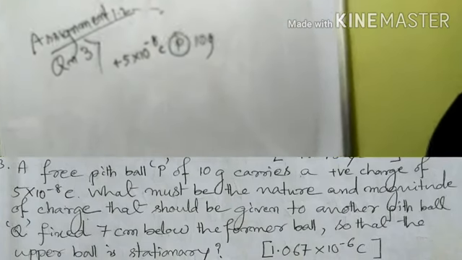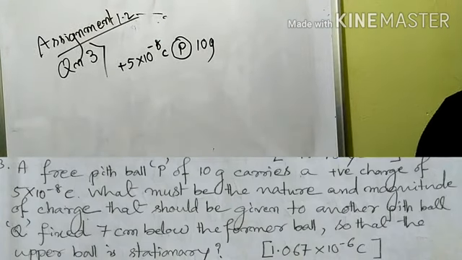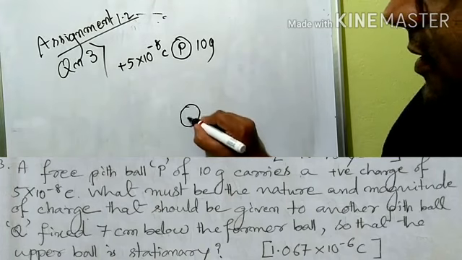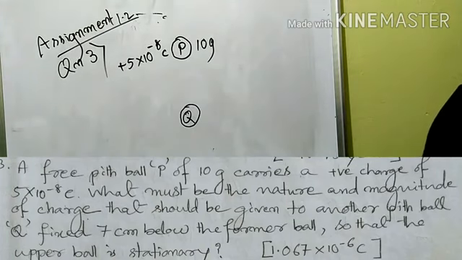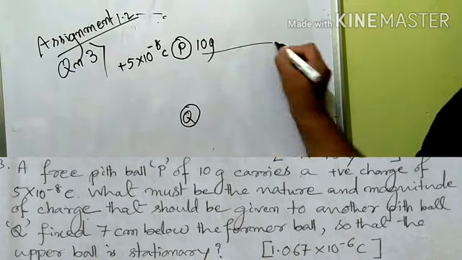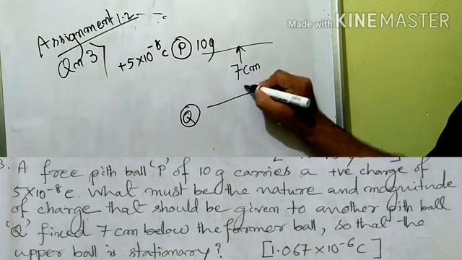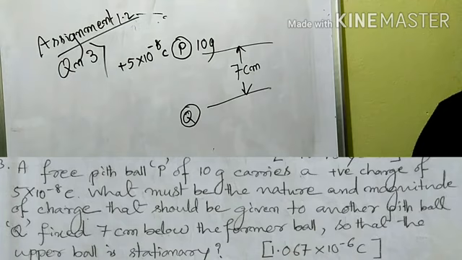Okay, what must be the nature and magnitude of charge that should be given to another pith ball Q fixed 7 cm below the former ball so that the upper ball is stationary?